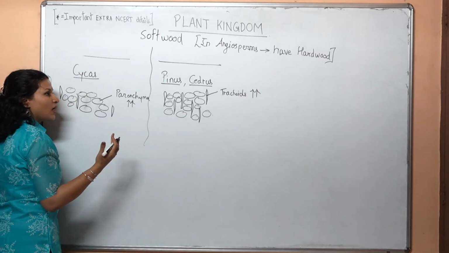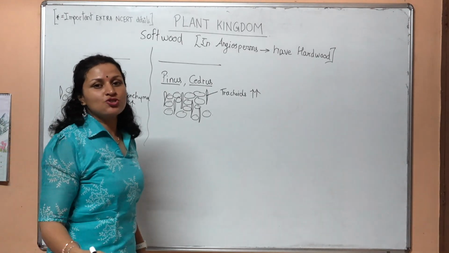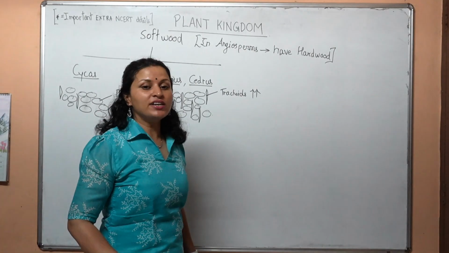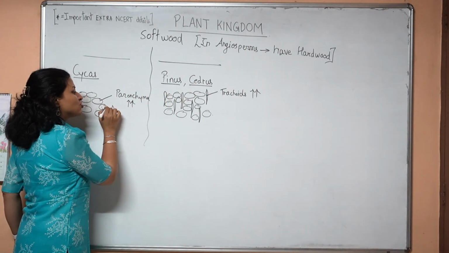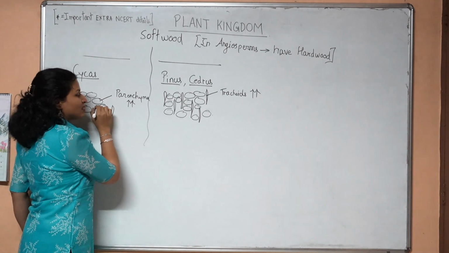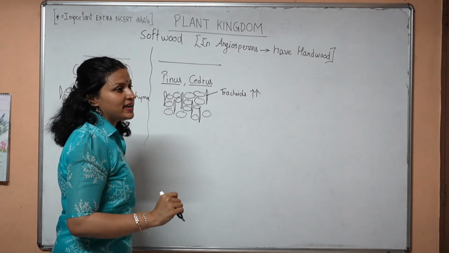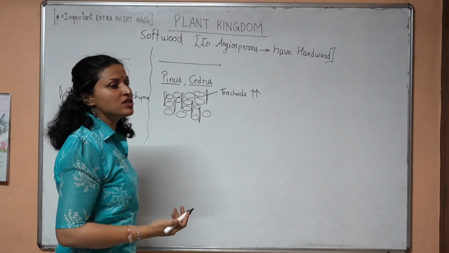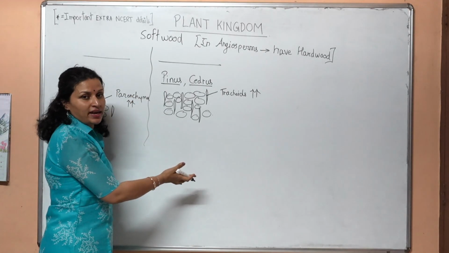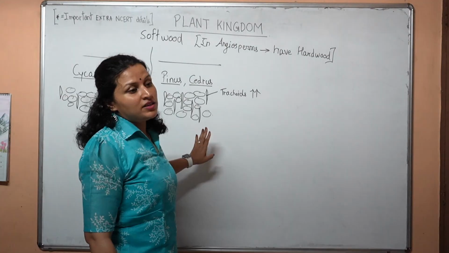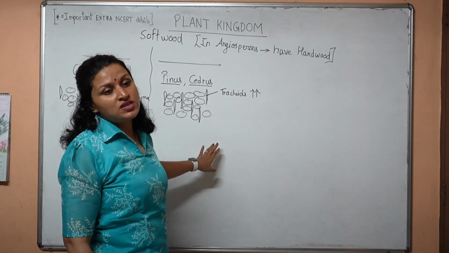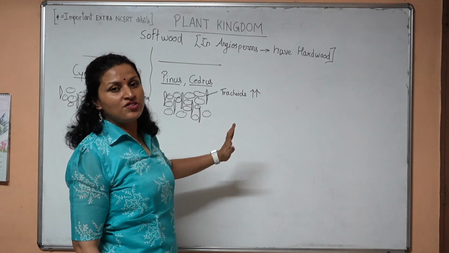This softwood will be more prone to decomposition by fungi and bacteria. It will be less durable because of the high numbers of parenchyma cells which store a lot of organic substances inside them. And tracheids are dead cells, and since their composition is more in comparison to cycads, the number of parenchyma cells is less. As such, the decomposition process is much slower for this type of wood because of the higher amount of tracheids in them.